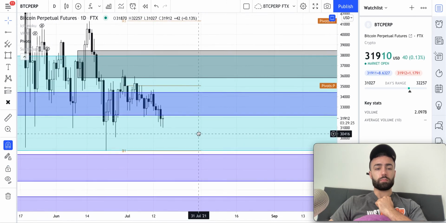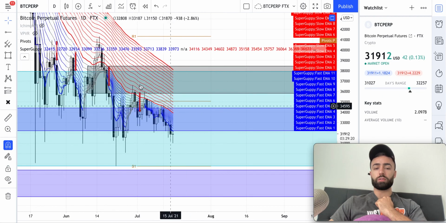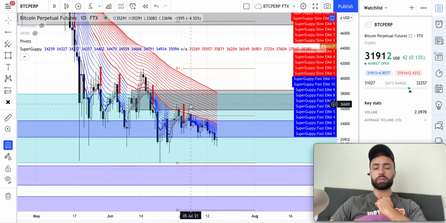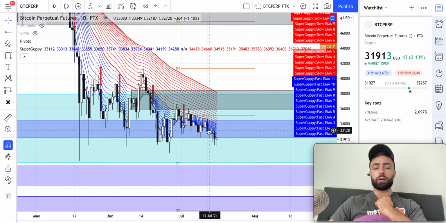Bitcoin is in the most bearish scenario it can be in terms of trend. We have the super guppy, which is expanded here on the bear side with the longer term EMAs above the shorter term EMAs, which are these dark blue ones down here, which are currently suppressing price.